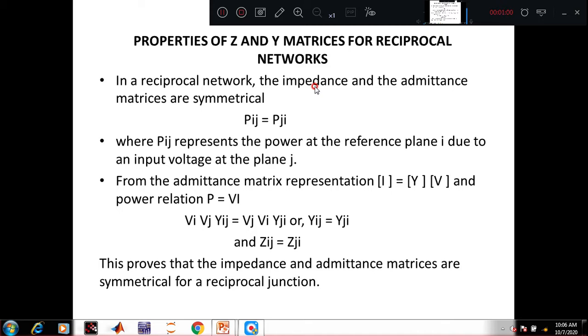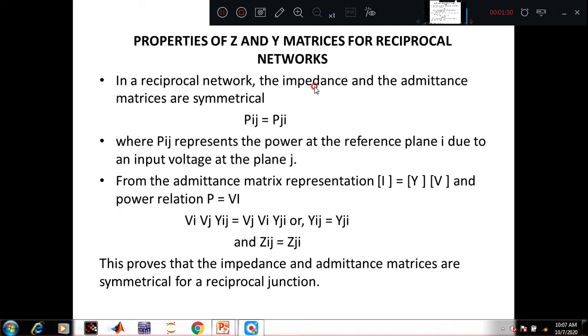If you measure the power from port 1 to port 2, or from port 2 to port 1, you will get the same amount of power. That is the beauty of the reciprocal network. Even if you interchange the voltage as well as current from input to output or output to input, the amount of power you get remains unchanged.